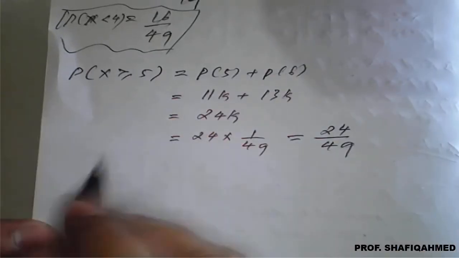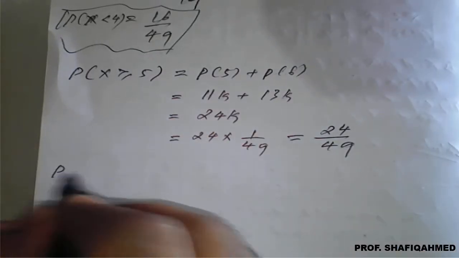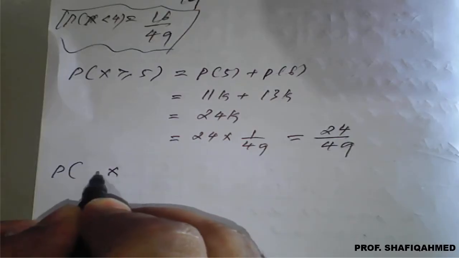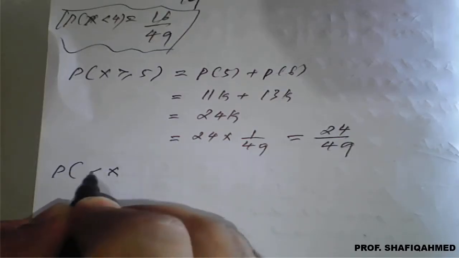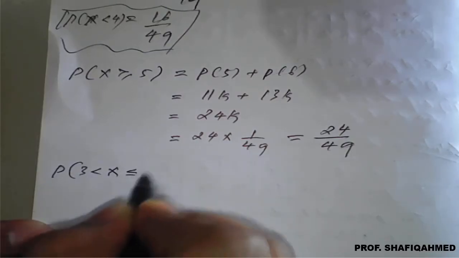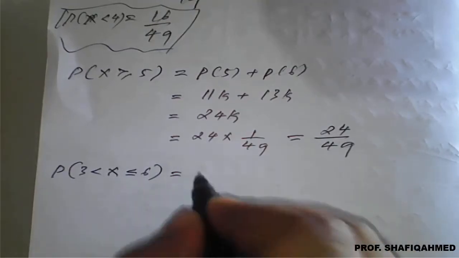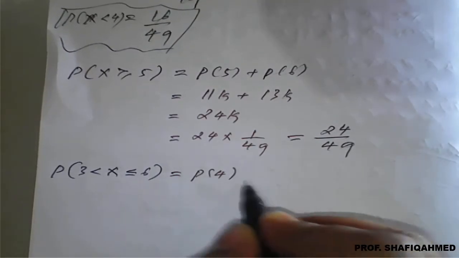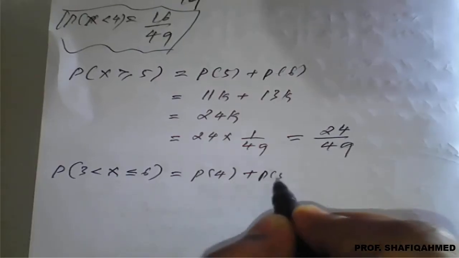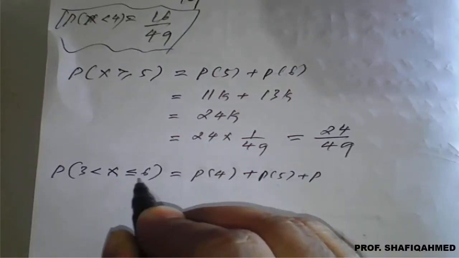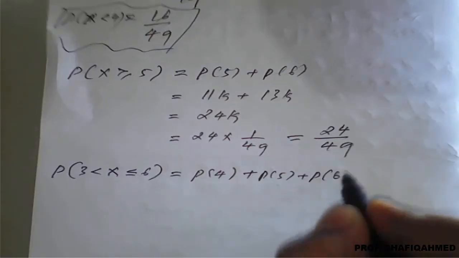In this only, the next one is we need to find P(X) strictly greater than 3 but less than or equal to 6. Strictly greater than 3 means we have to leave 3. So we start with P(4), P(5), and less than or equal to 6 means we have to include 6.